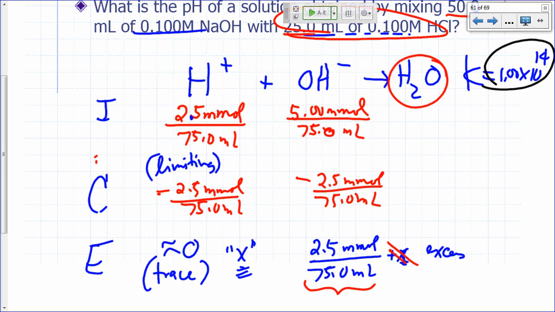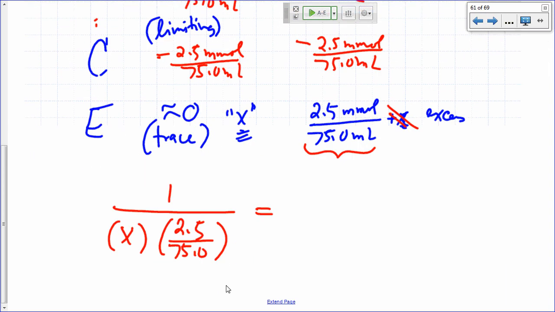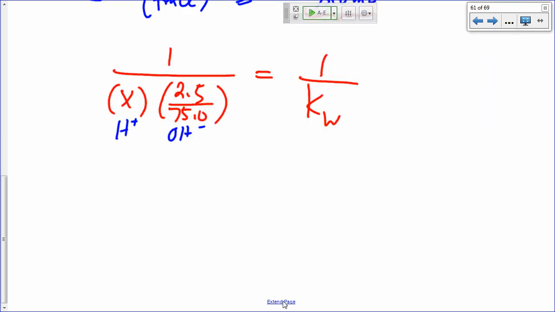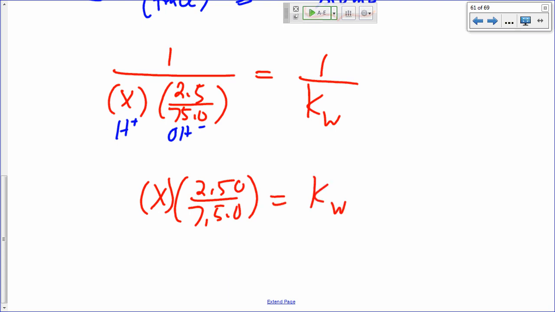H+ and hydroxide are reactants here, so you can say that's 1 over KW. Or, if you take the reciprocal, you can just say X times 2.5 over 75.0 is equal to KW.